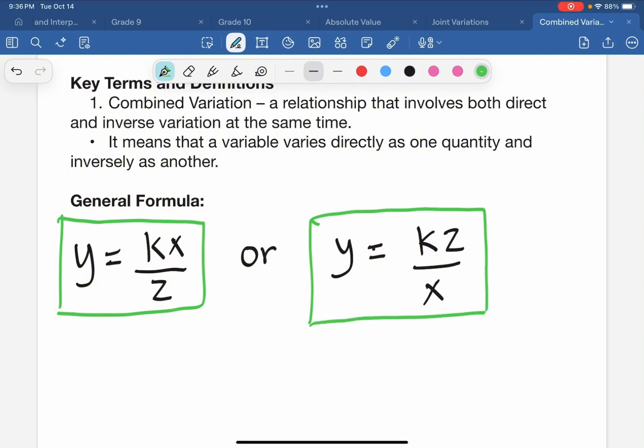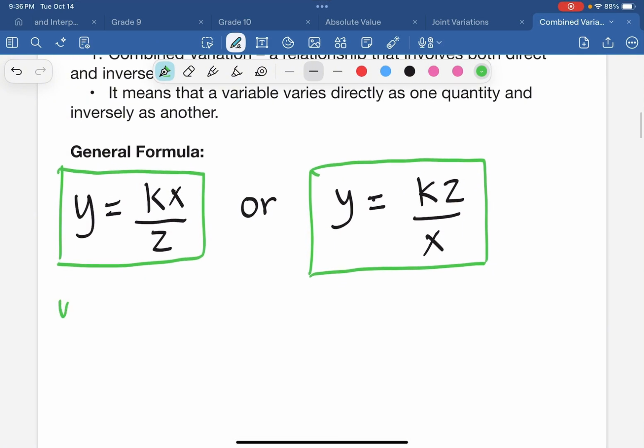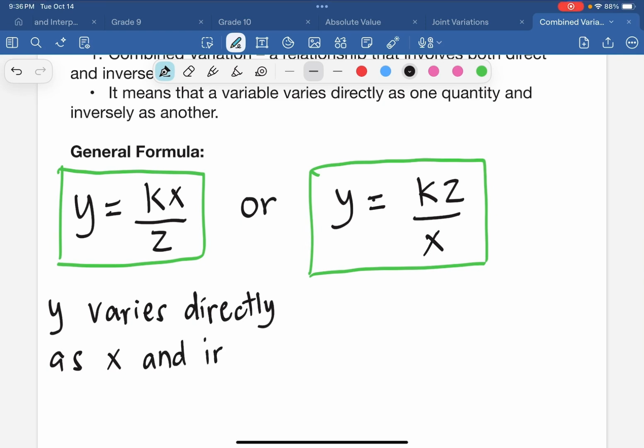I wrote the two since you might be confused on what you see online, but regardless, here's how we read them. For this one here, on the left side, we read this as y varies directly as x, because x here is on the numerator, and inversely as z.